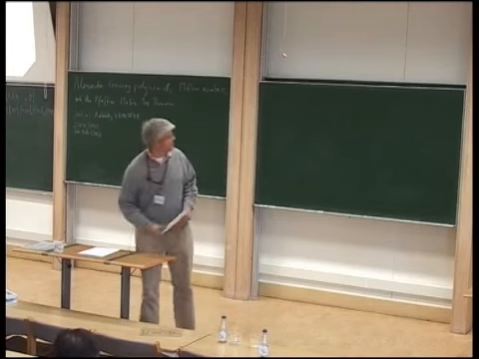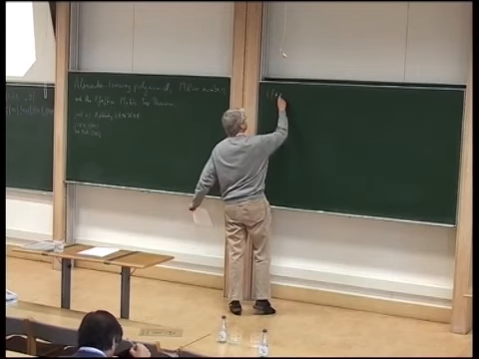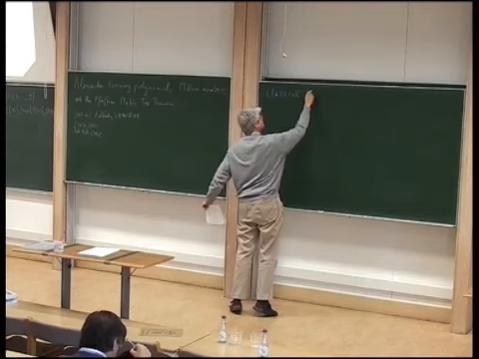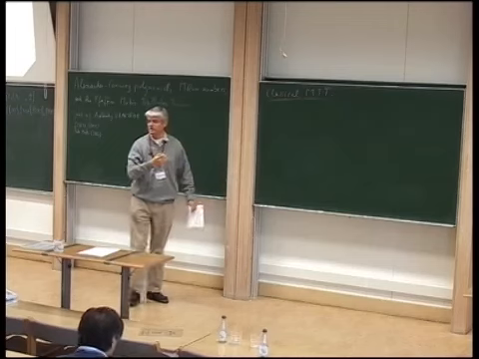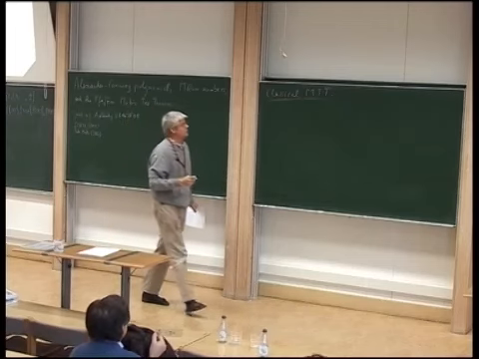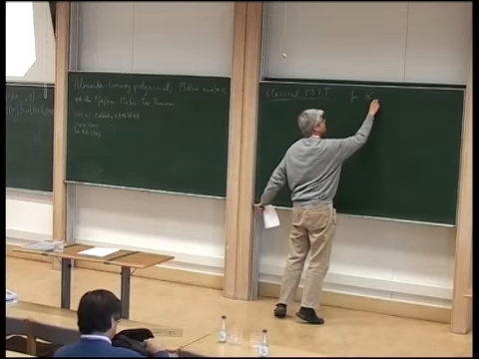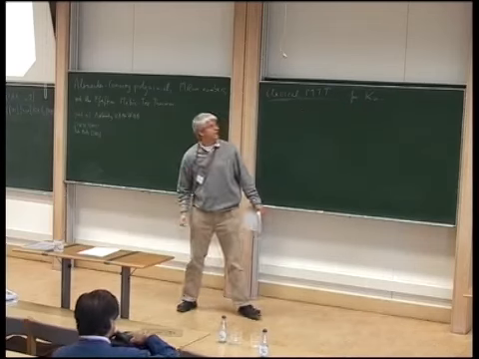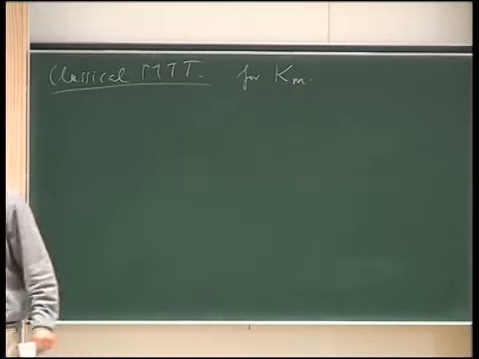Anyway, so let me just remind you of the classical matrix tree theorem, and I just write MTT. It was already on the board yesterday. And I just do this for the complete graph, what I think you call Kn, or Km. Actually, I want to use Mn for some other thing.